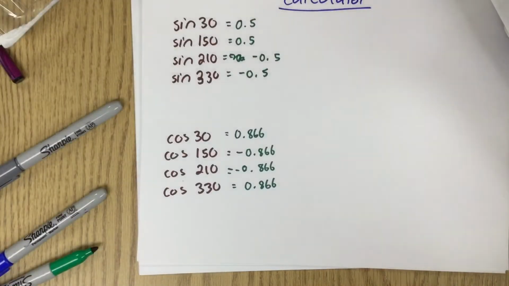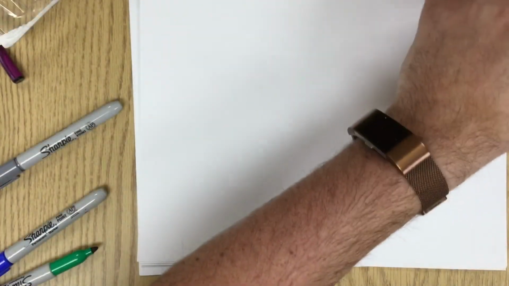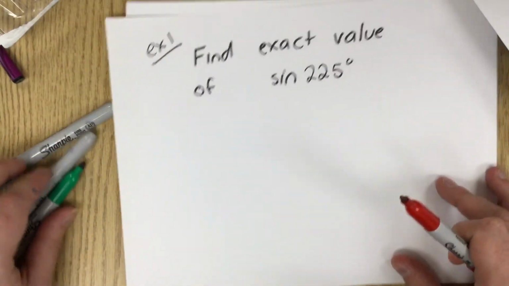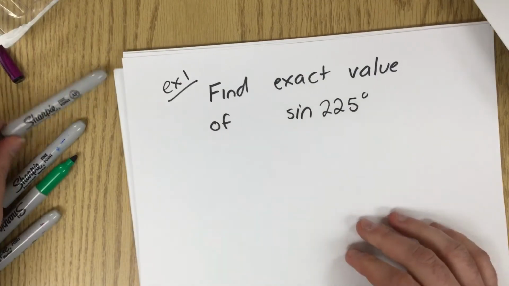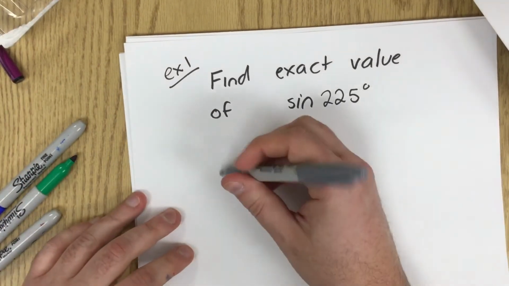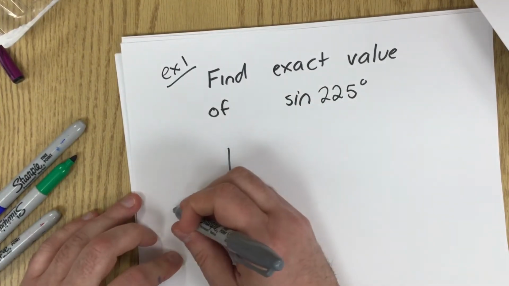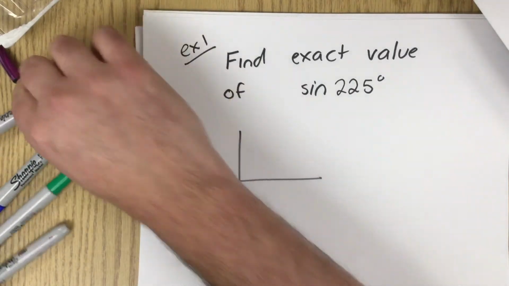So let's go use that now. Let's say I want to find the exact value of sine of 225. Let's draw this.